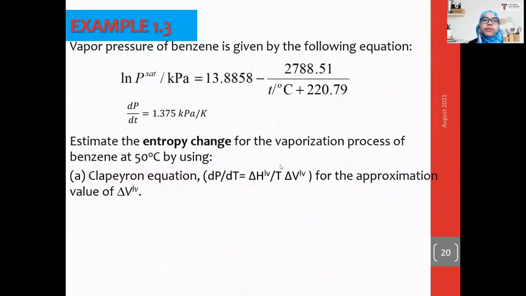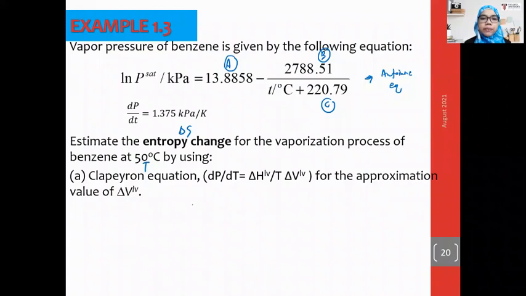Okay, next example, vapor pressure of benzene is given by the following. This is known as the Antoine equation. We have ln P equal to A minus B over T plus C. So the equation and all the constants are given here. The question is to estimate the entropy change for the vaporization process of benzene at 50 degrees Celsius by using the Clapeyron equation.